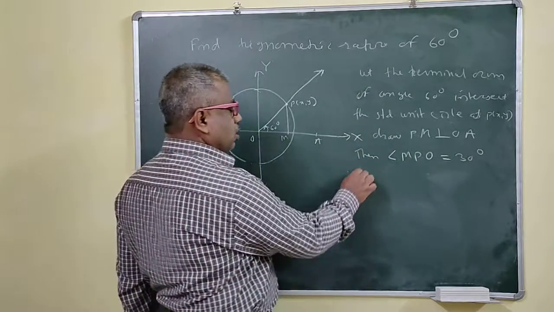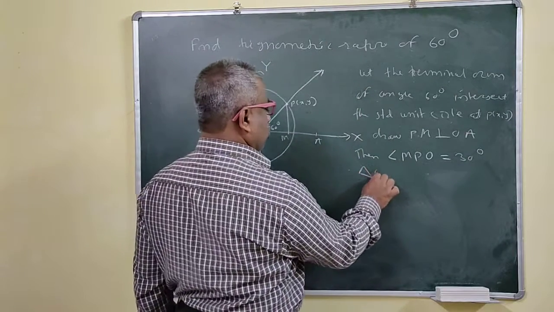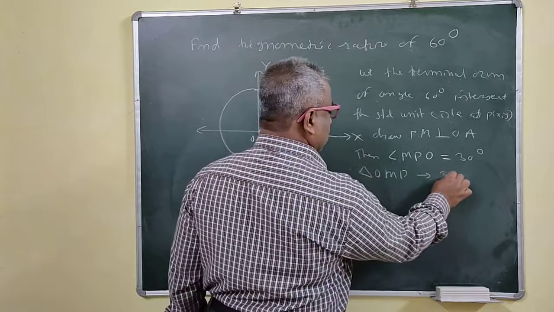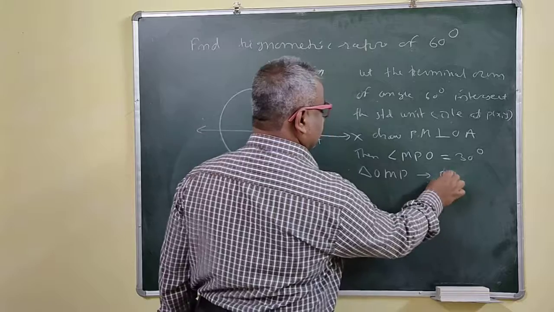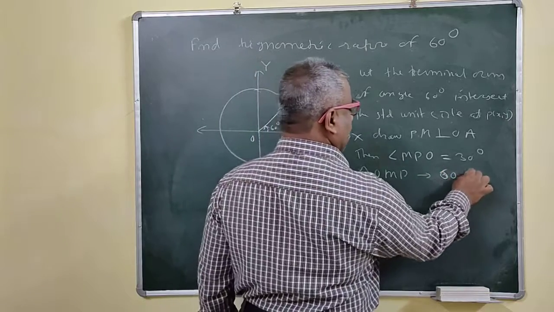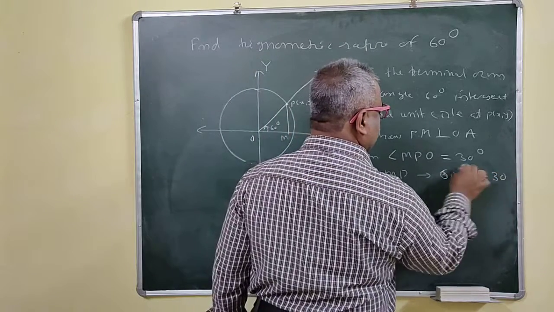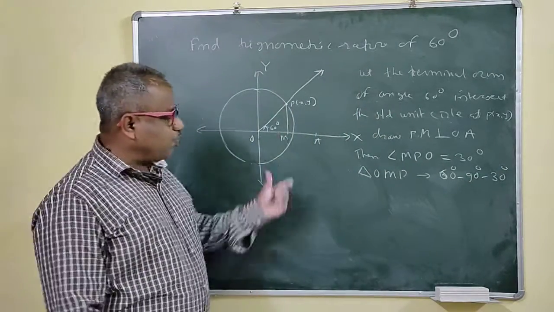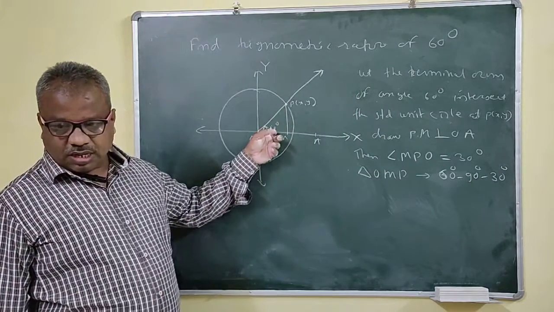So therefore triangle OMP is 60, 90 and 30, right? So therefore the opposite side of angle 30 is half of the hypotenuse.